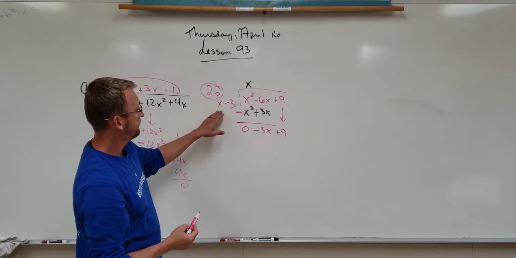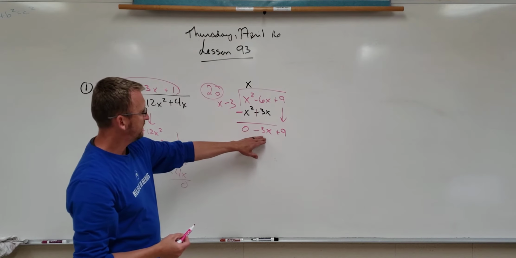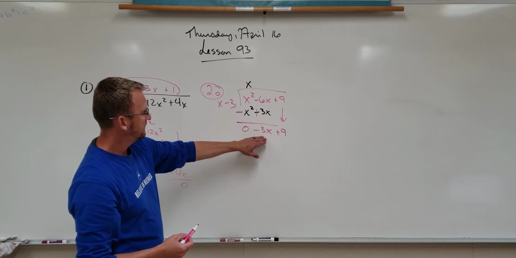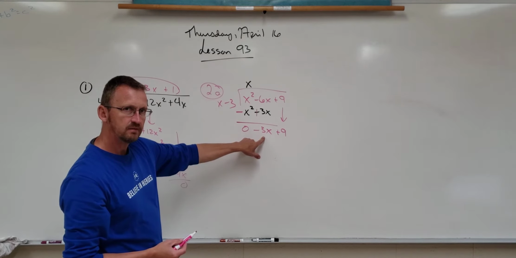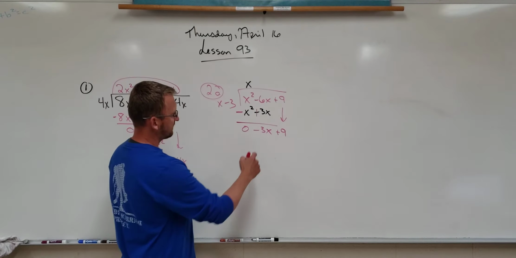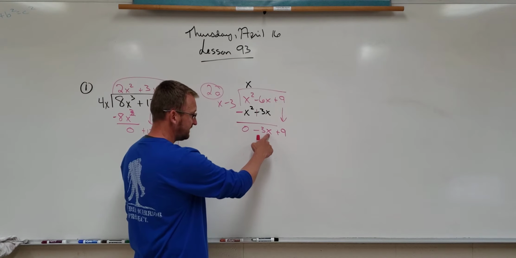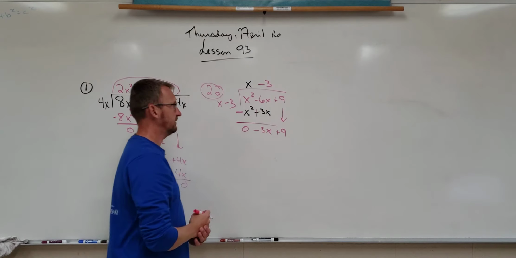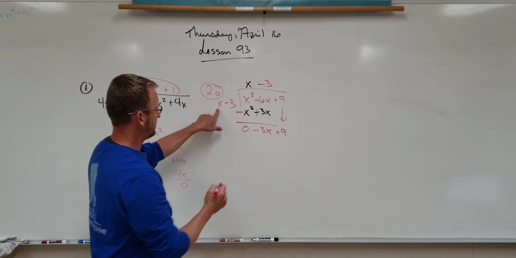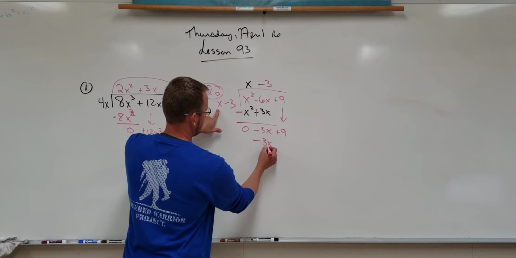So now, negative 3x plus 9, x times what gives me this? Well, x, if we were to take this out, what would we be left with? It would be a negative 3. Negative 3 times x, negative 3x.